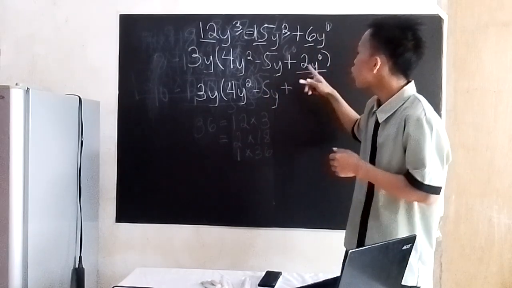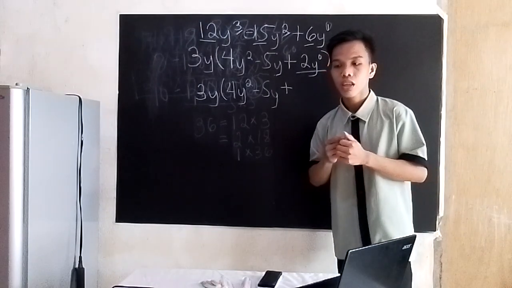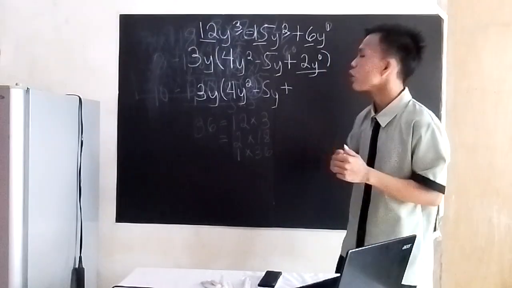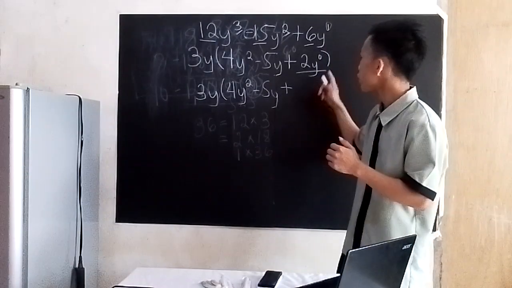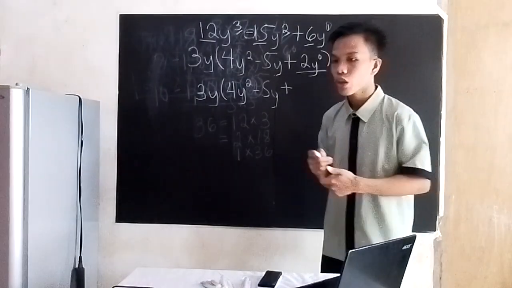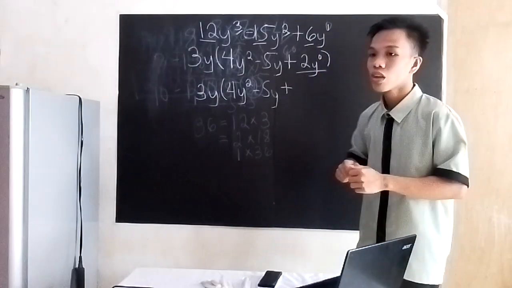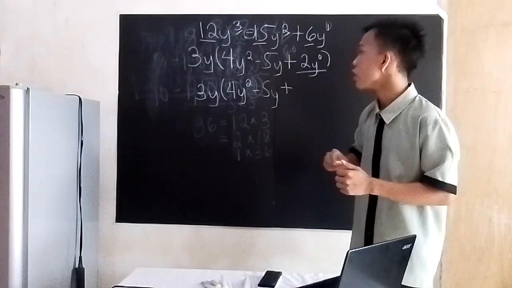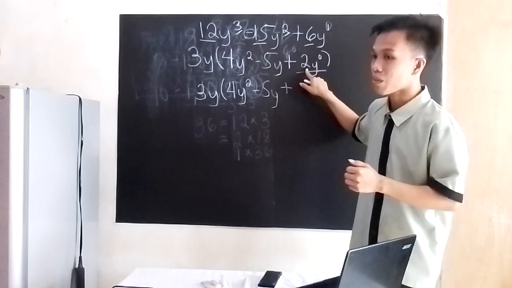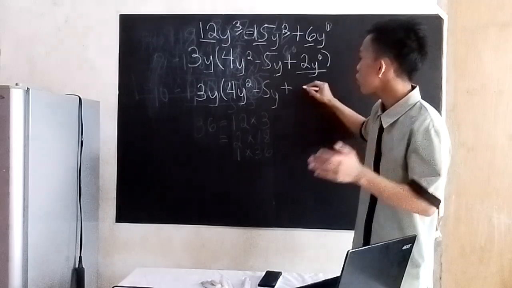Plus, can 2y raised to 0 be simplified? Yes, so why do you think we can simplify 2y raised to 0? That's right, because any number that is raised to 0, the result is 1. So it is 2 times 1. What is 2 times 1? That's right, so that will be 2.